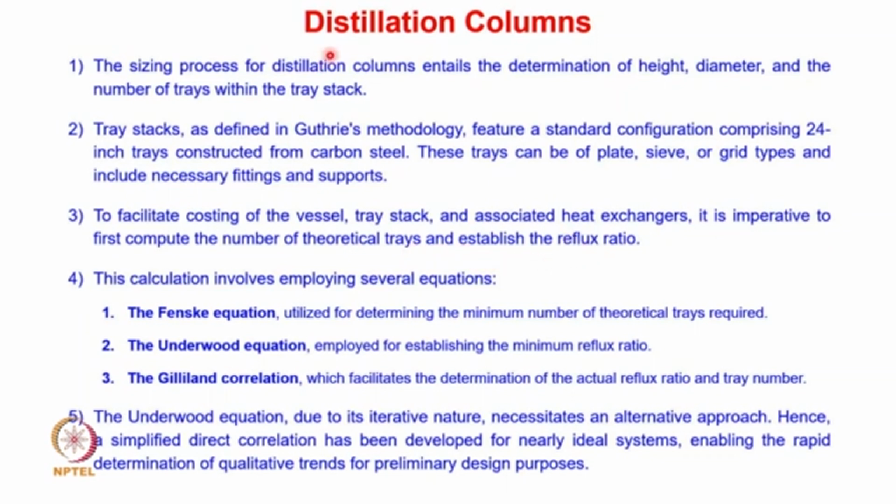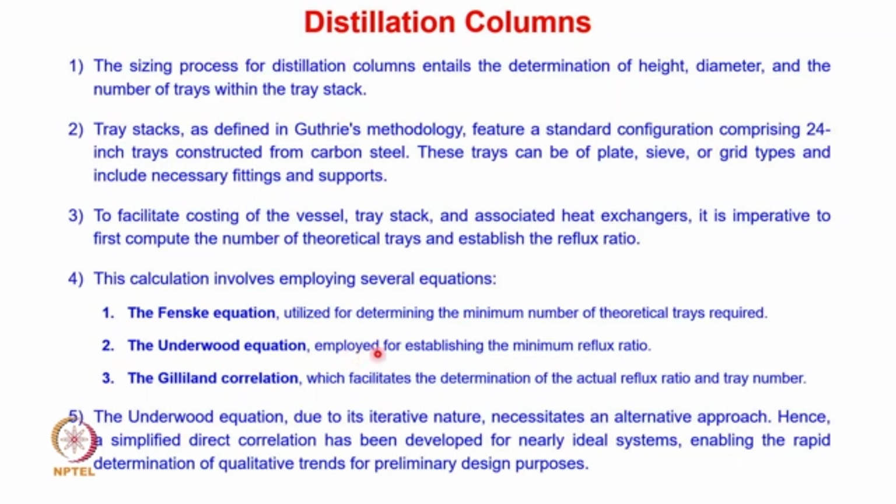So when we are doing the sizing of the distillation column, the most important point to look at is how many theoretical trays are required and what is the reflux ratio that we have to calculate. For that we can use different equations. We can calculate the minimum number of theoretical trays by using the Fenske equation, which we have seen in the last session. Again, we can calculate the minimum value of the reflux ratio by using the Underwood equation.